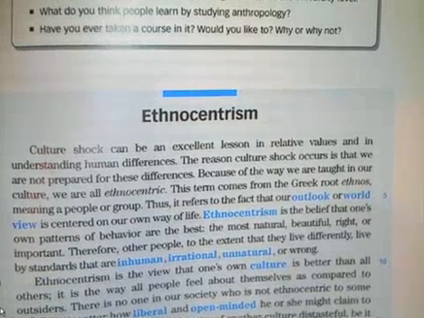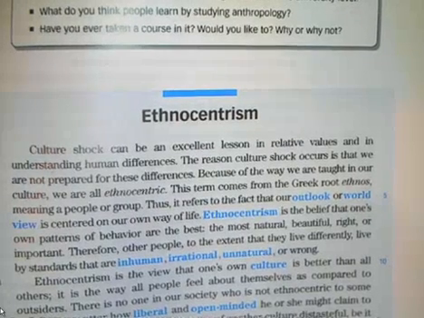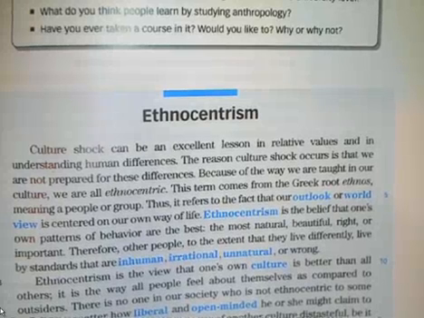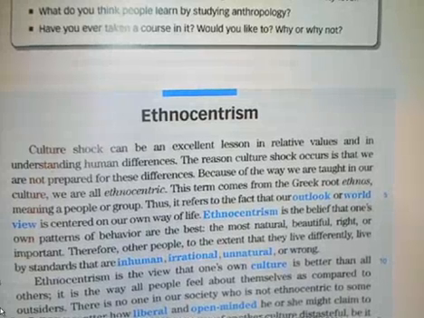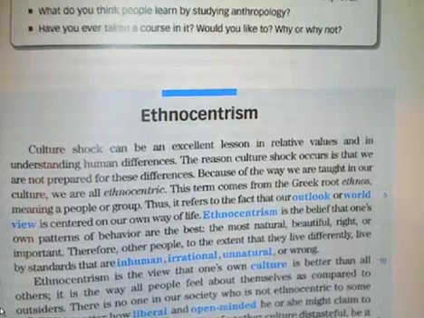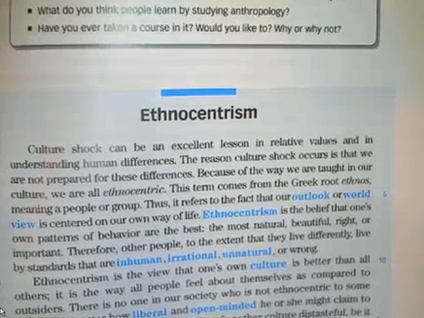We are in Saudi Arabia, our culture is the best culture in the world. So this is ethnocentrism. The most natural, beautiful, right, or important. Therefore, other people, to the extent that they live differently, live by standards that are inhuman, irrational, unnatural, or wrong.